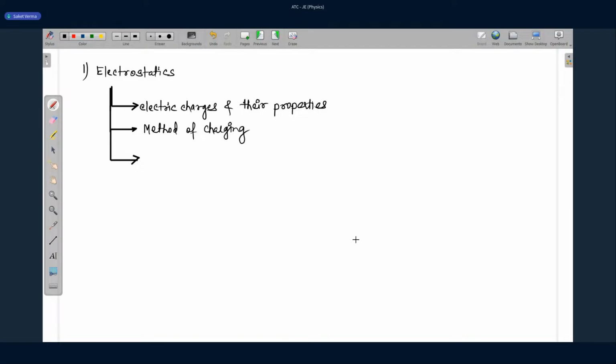In electrostatics we have the electric charges and the properties that we are going to discuss. How do you charge it? What are the different methods of charging? Along with that we will be having Coulomb's law, and obviously in Coulomb's law we will be discussing the electric field intensity.